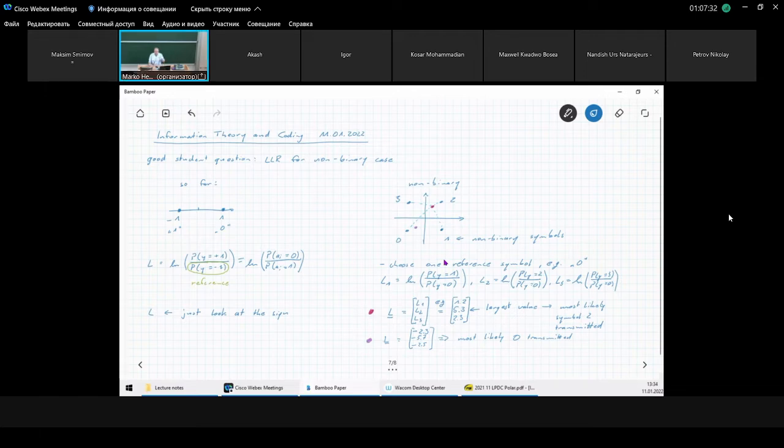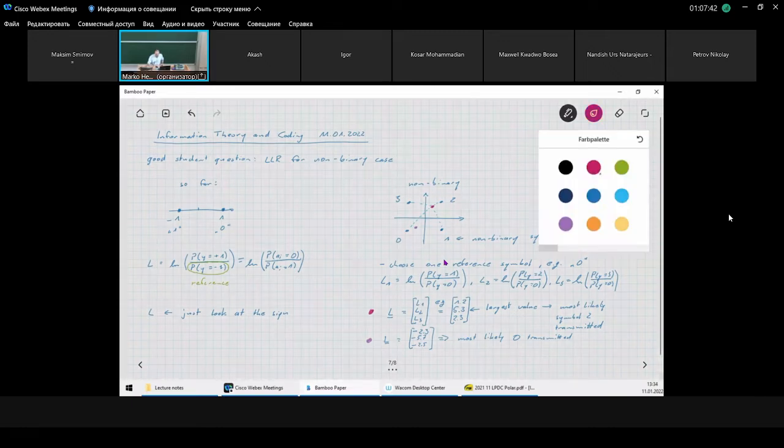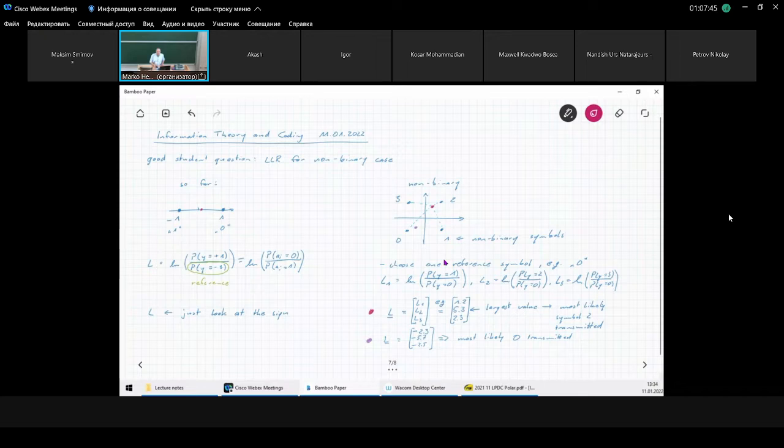Exactly, so you understood a lot. The student commented that this will depend on the Euclidean distance, and exactly, that's it. For example, if you had an observation like here, so almost equally probable that a 1 was transmitted or that a 0 was transmitted, this will give you a very small log likelihood ratio because the probabilities are almost equal.